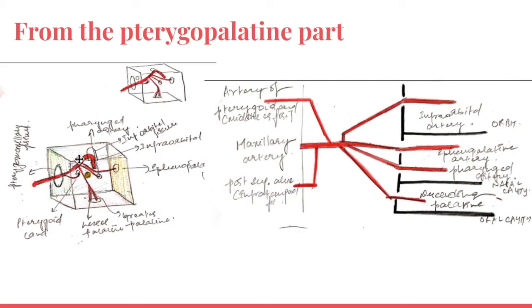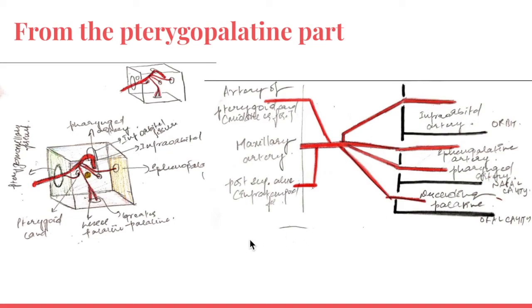And finally, there's one branch which descends downwards. So it's called the descending palatine, which emerges on the palate through the greater and the lesser palatine foramina, supplying those areas, and finally anastomoses with the sphenopalatine artery.